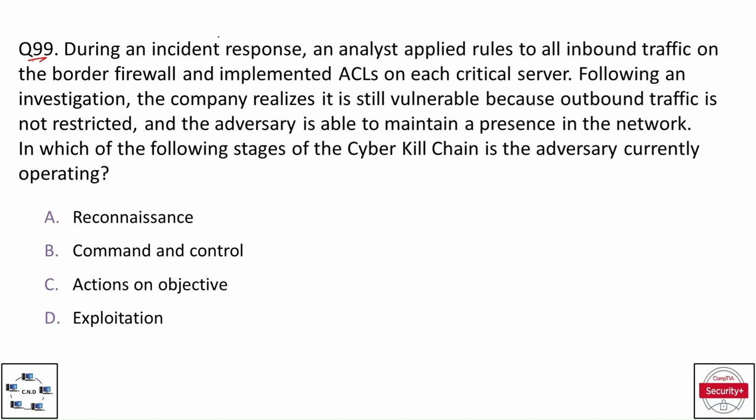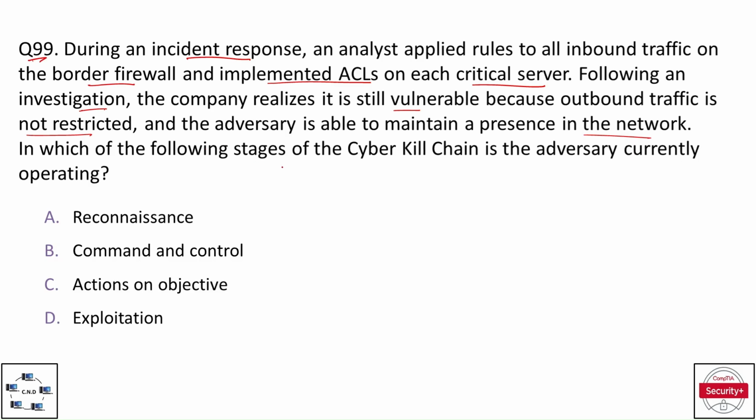Question number 99. During an incident response, an analyst applied rules to all inbound traffic on the border firewall and implemented ACLs on each critical server. Following an investigation, the company realizes it is still vulnerable because outbound traffic is not restricted and the adversary is able to maintain a presence in the network.